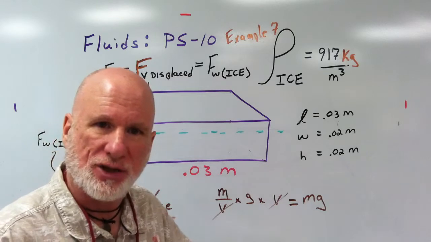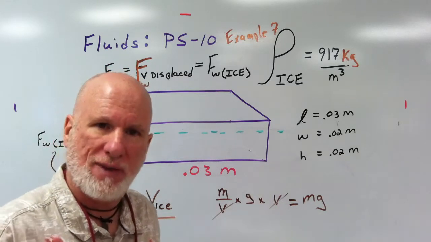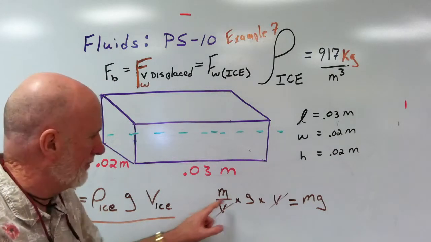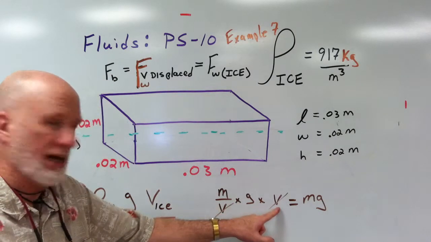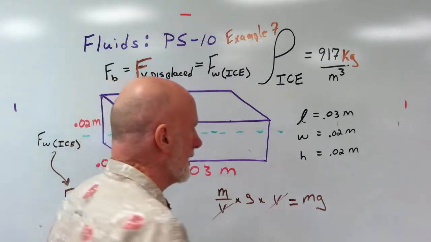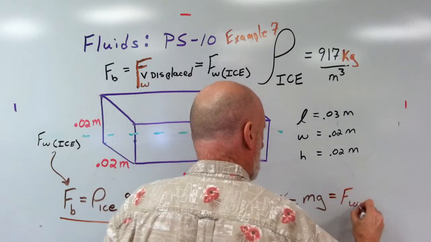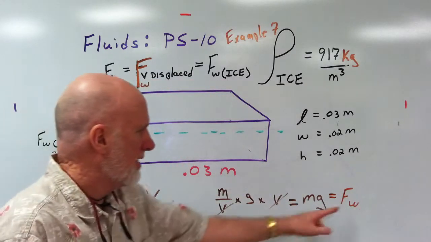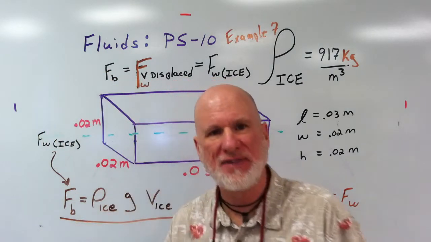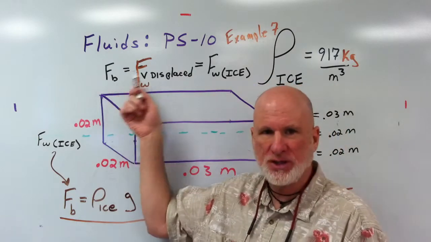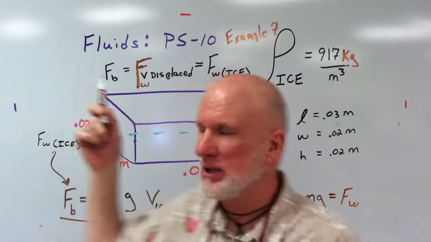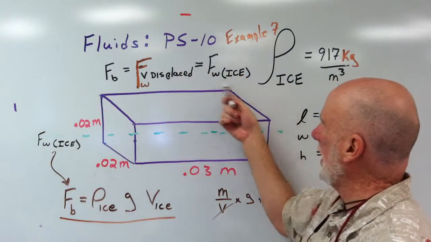Density is mass over volume, g, and then V. The V's cancel. I'm left with mg, which is the weight. So that weight of the ice will equal the buoyant force of the ice. Therefore, the buoyant force equals the weight of the volume of fluid displaced, which equals the weight of the ice.